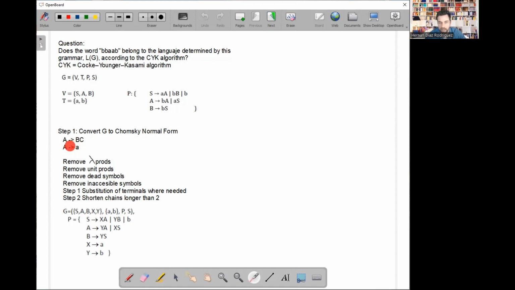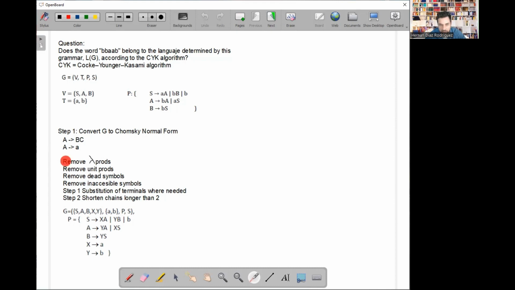This is an example of Chomsky Normal Form. To ensure that the grammar is in Chomsky Normal Form, we need to follow these steps, right? These 6 steps that we have here.